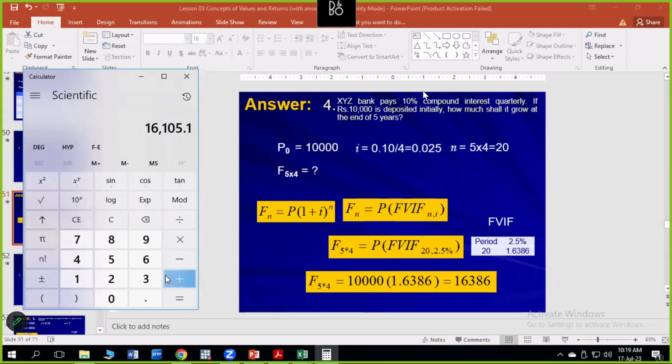If it is monthly, it would be more than that. If you divide 10% by 12 for monthly, this much of interest rate would be there.